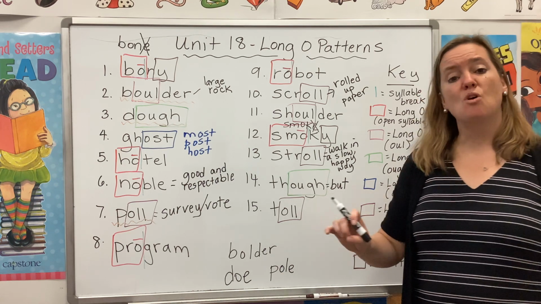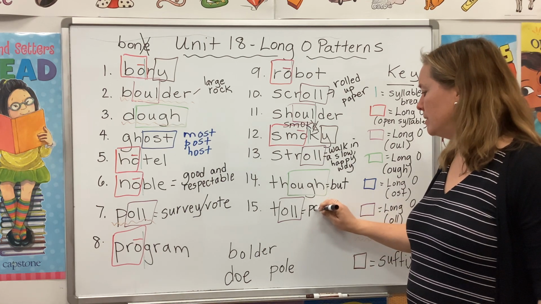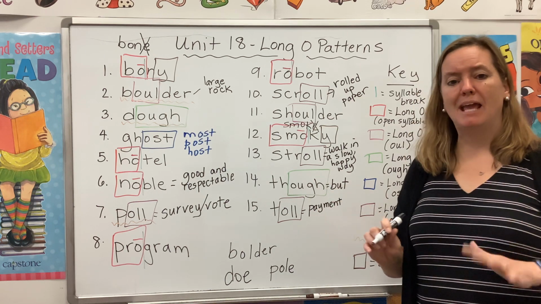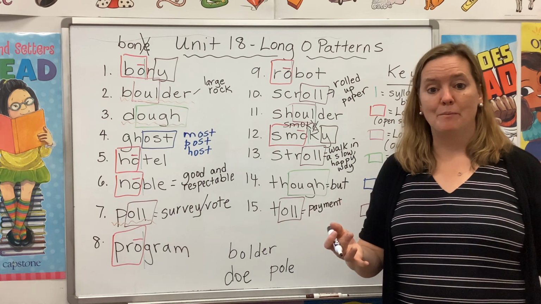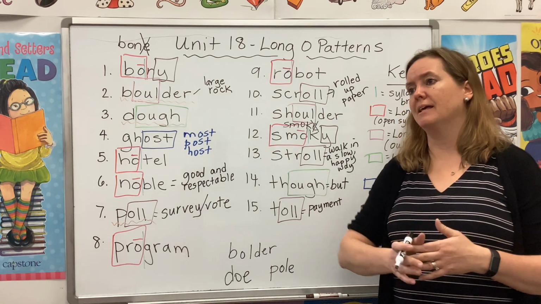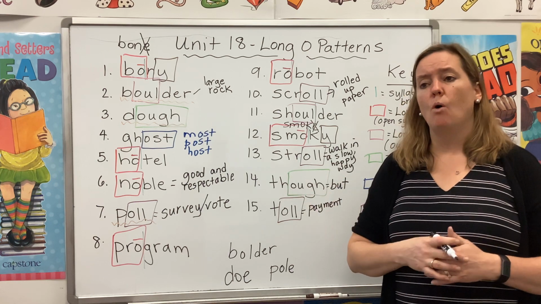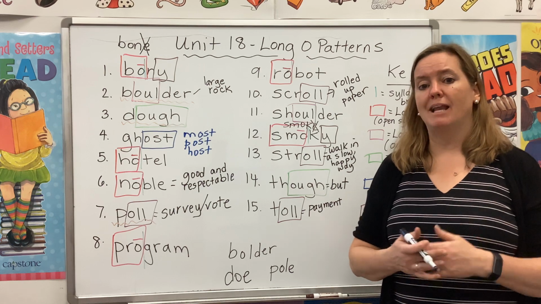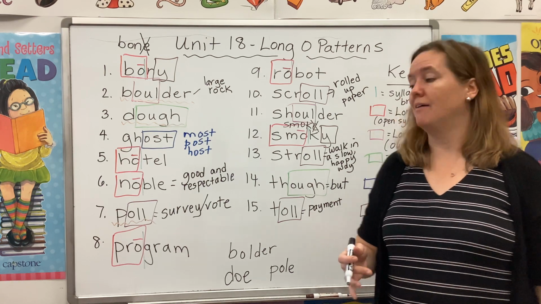And then a toll is something you pay. So it's a payment. And usually it's a payment you pay for going on a highway, right? So if you're going to take this highway, you might have to pay a toll of $10. Or you might have to pay a toll to go over a bridge. You might have to pay a toll to travel places.